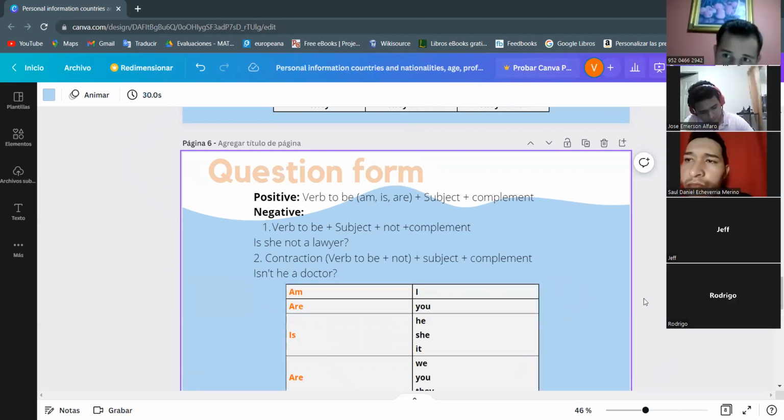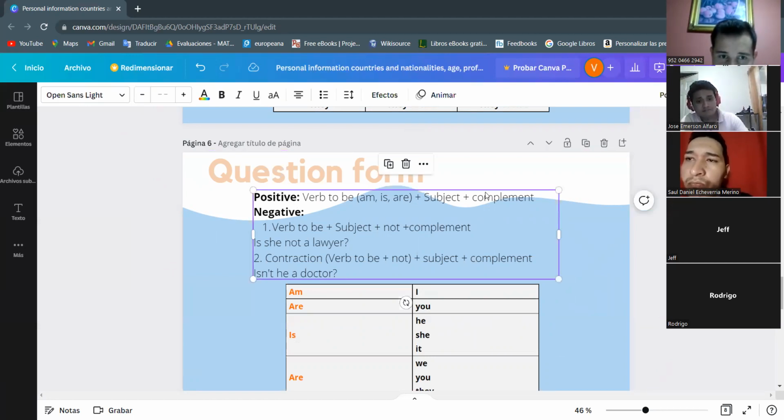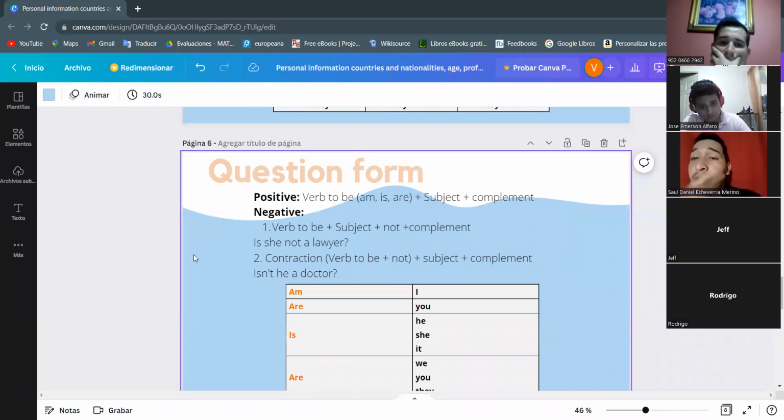Let's see who we have here. Saul, can you help us read the positive way? The question form of the positive verb to be: am, is, are, plus subject plus complement.